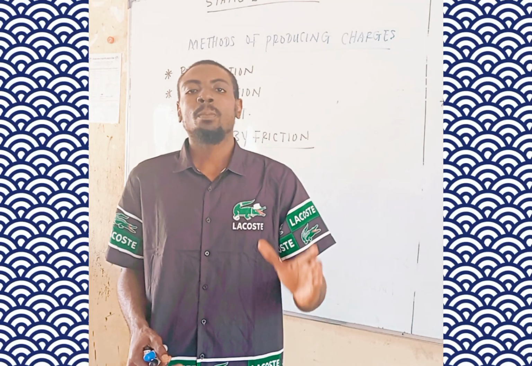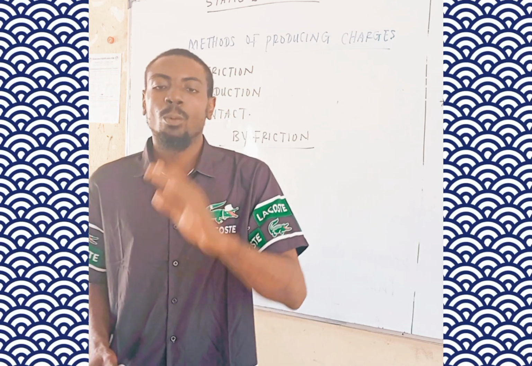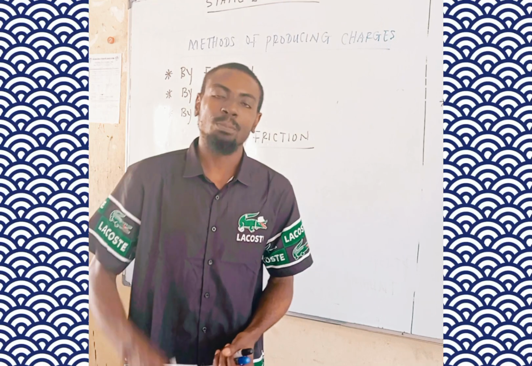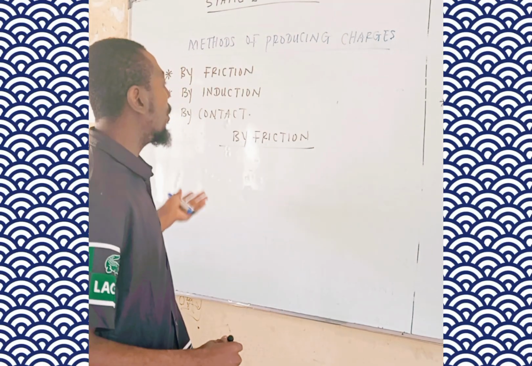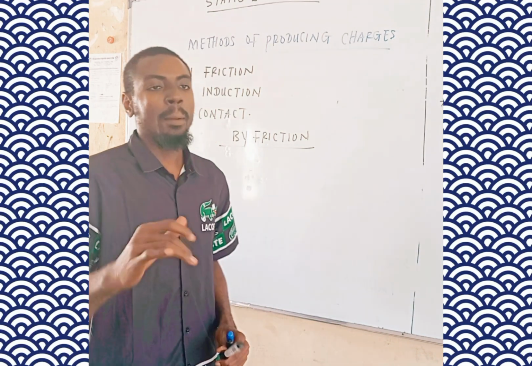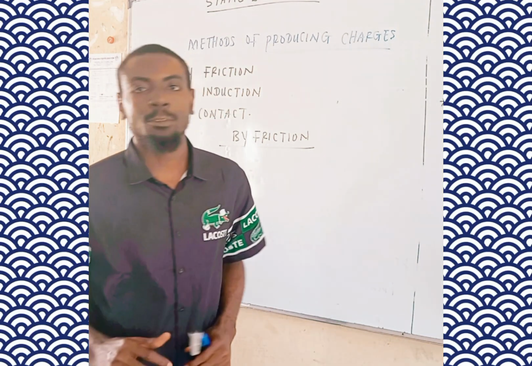The one that gives out the electron must be positively charged, and the one that accepts the electrons must be negatively charged. Let's give you instances of charging a body by friction. I have three instances for you.